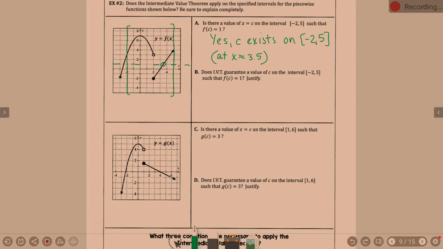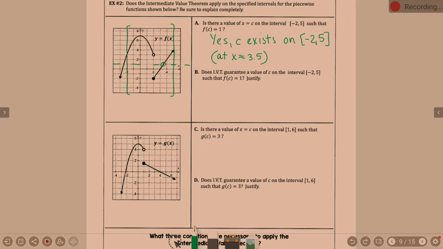Now, B, does IVT guarantee a value of C on the interval from negative 2 to 5 such that f of C equals 1? So, if we weren't looking at this picture, we just had information. Does intermediate value theorem guarantee that value exists? And why do we not guarantee the value?